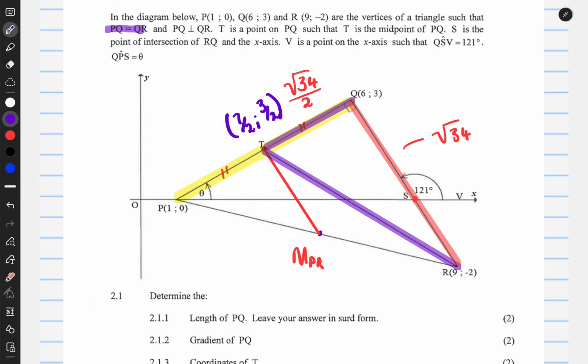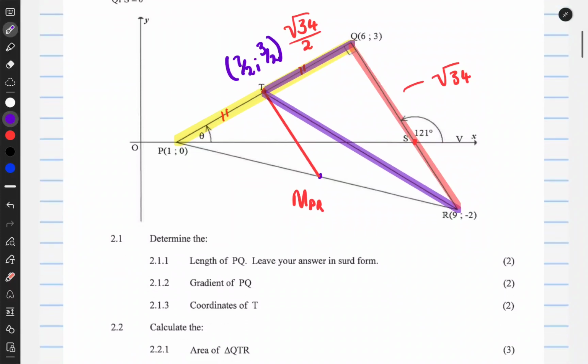We just need to calculate the coordinates of the midpoint of PR, and then we can use the gradient formula to calculate the gradient of the line that passes through the midpoint of PR and point T.